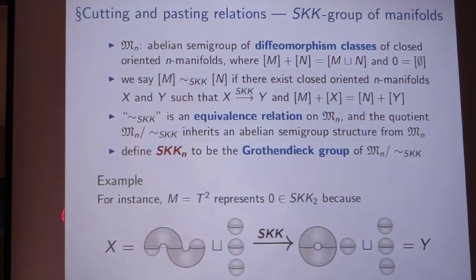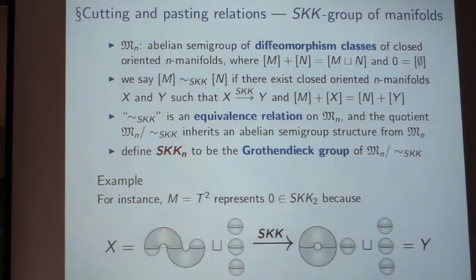Okay, just to give you a quick impression, we don't have much time, but to see what happens if you take the torus, the two torus, you can show that it represents the neutral element in SKK2, because you can consider the following.